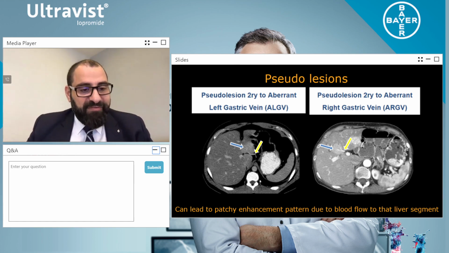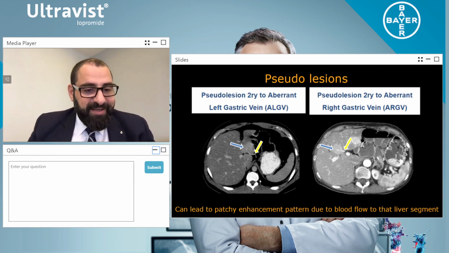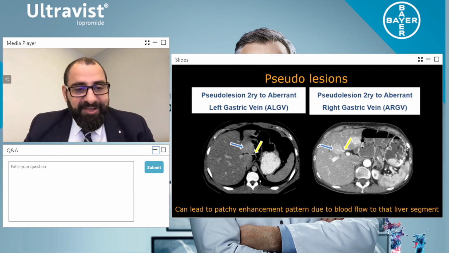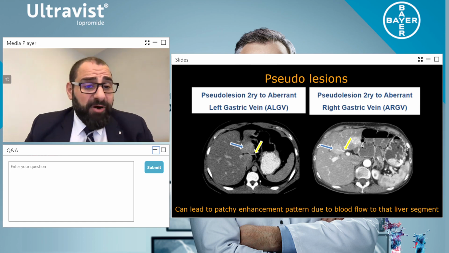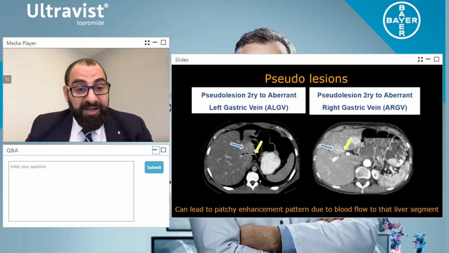Someone's asked me for liver imaging, which is the best imaging modality? Well, let me tell you, ladies and gentlemen, with liver imaging it depends who you are and where you are. If you have a CT scan in your department and you don't have an MRI, well, you know what? CT is just as good. Now, let me tell you about MRI.